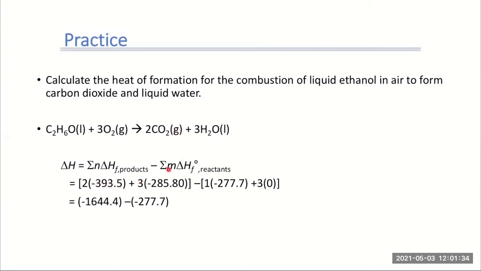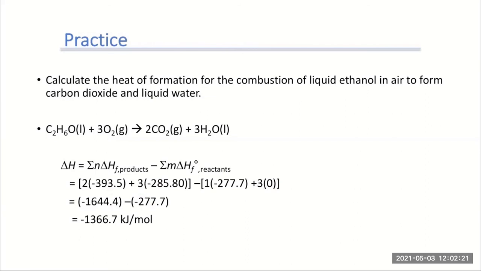For liquid water, again minus 285.8 kilojoules. For ethanol, it's negative 277.7. And oxygen, since it's in its elemental form, 0. Once we add it all up, we should end up with about negative 1,366.7 kilojoules per mole of energy. So this is how much energy is released in the combustion of ethanol.